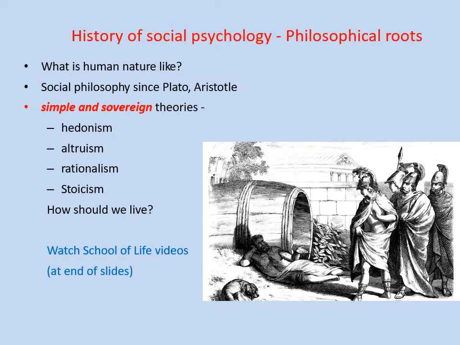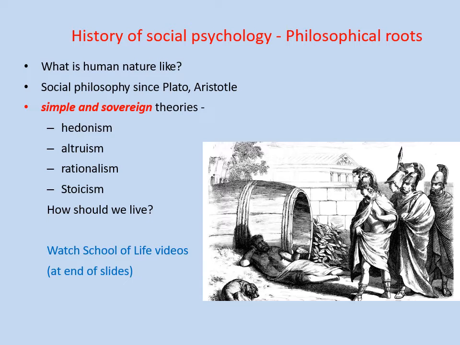As I mentioned, the history of social psychology is recent, 120 years old or so. The question social psychologists always ask is, what is human nature like? How can we understand the social behavior of humans? In social philosophy, Plato and Aristotle and most philosophers since then have been speculating about that.